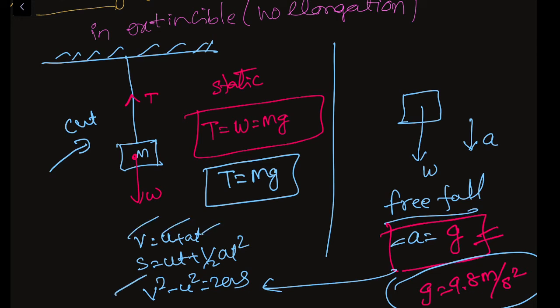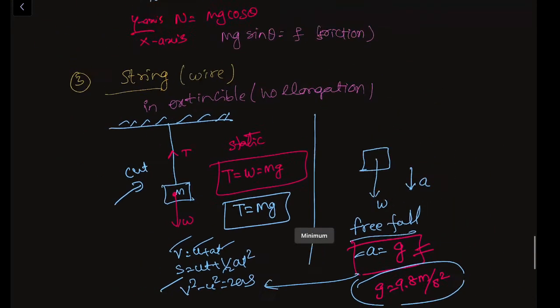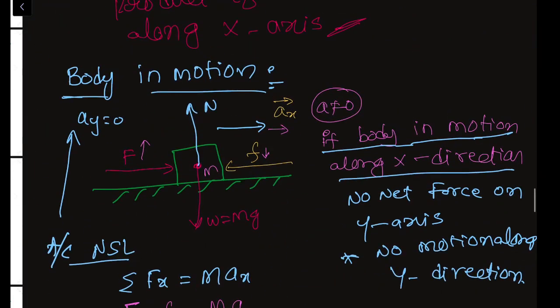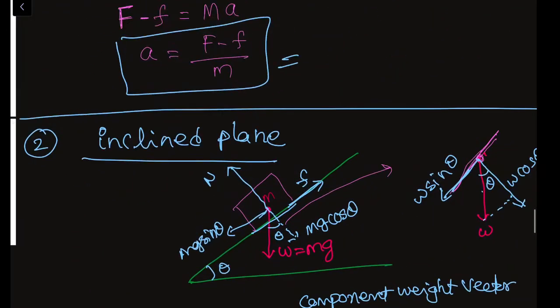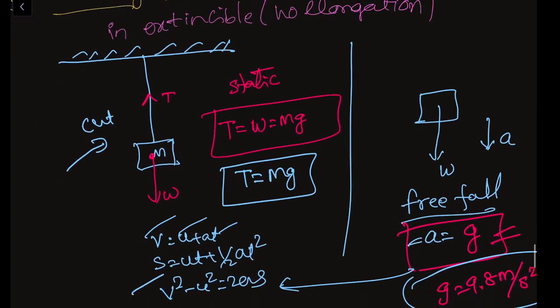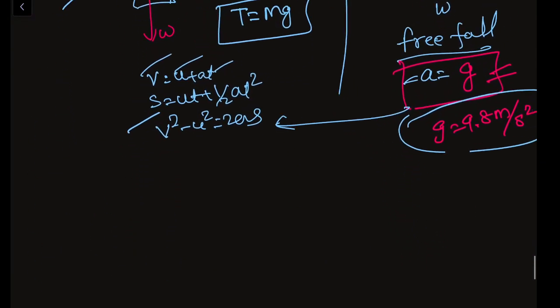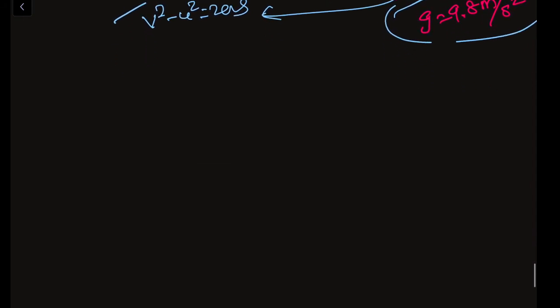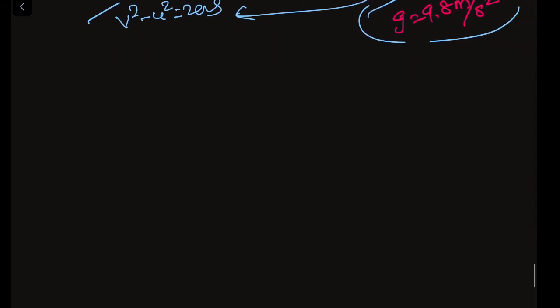Got it, children? We know the body at rest, the body on an inclined position, and the string. Now the important thing is the angle of friction, my children.